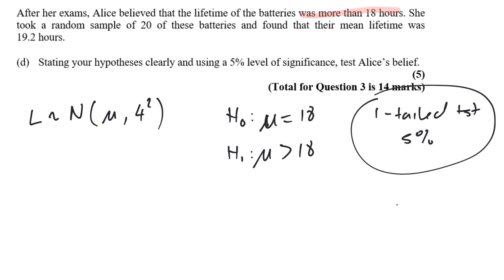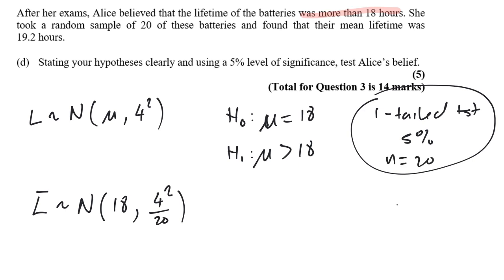We also have a sample mean given to us that we can test. So we need to create a sample distribution. So L bar, if we assume H naught, then L bar can be modeled as a normal with mean 18 and a variance of 4 squared over 20, because n is 20.